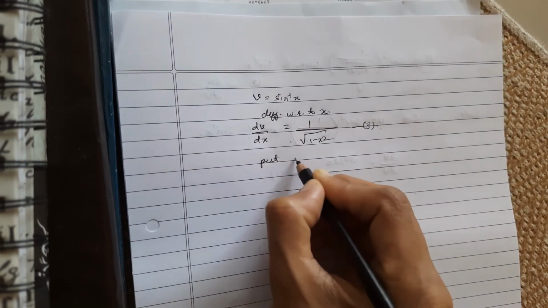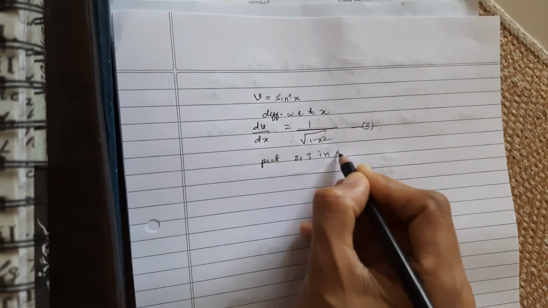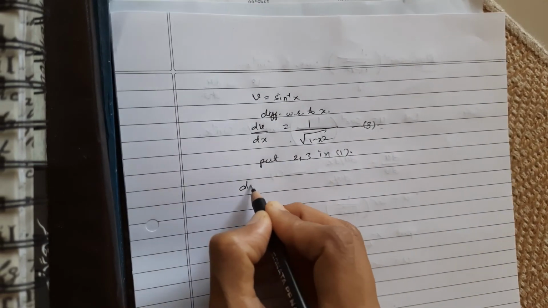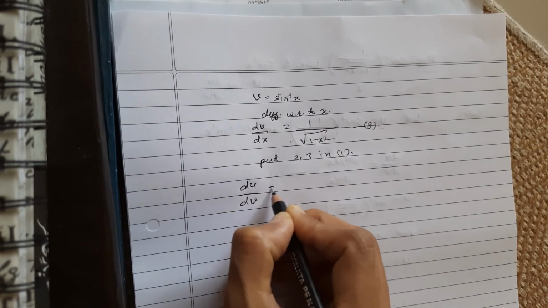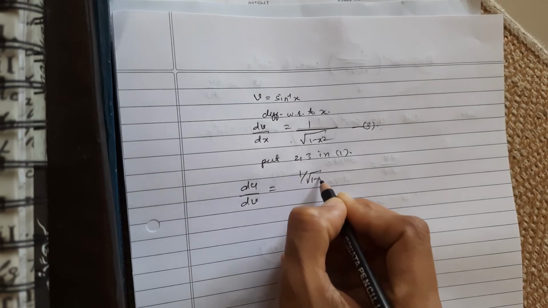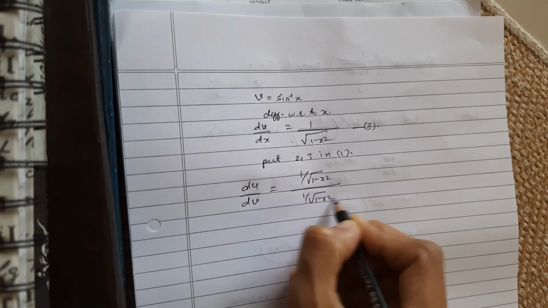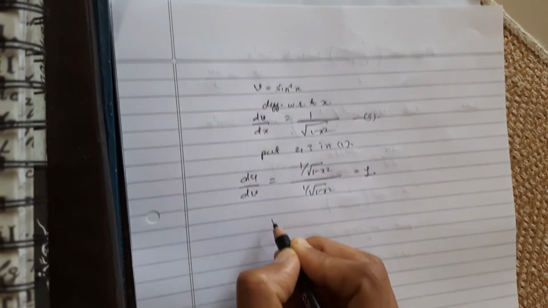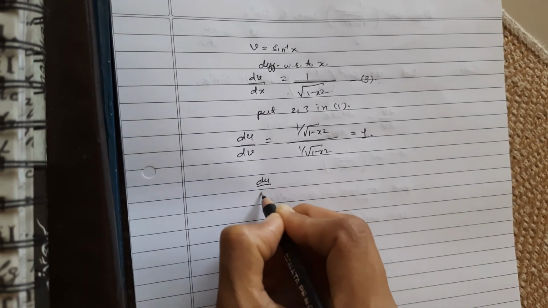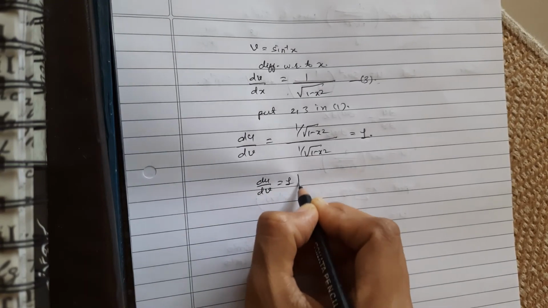So put 2 and 3 in 1. What do we get? We get du by dv equal to 1 upon root 1 minus x square upon 1 upon root 1 minus x square, which is nothing but 1. So finally I get du by dv equal to 1.